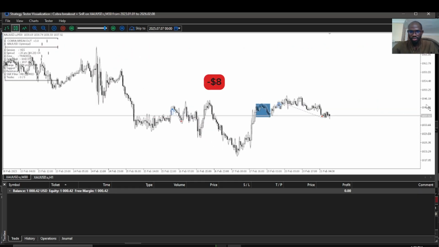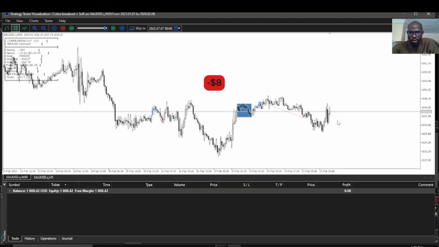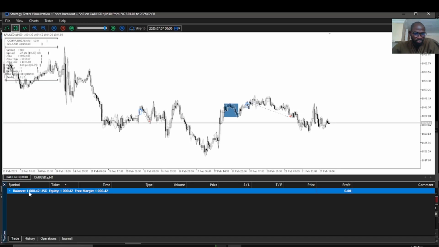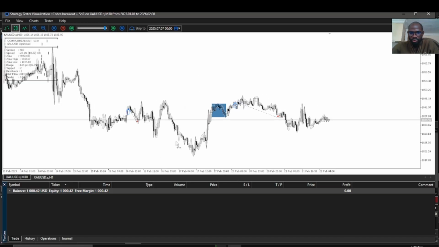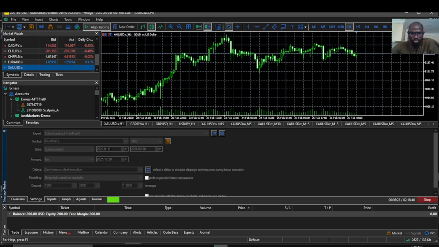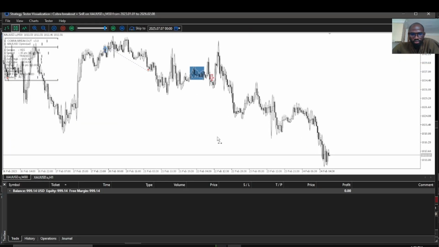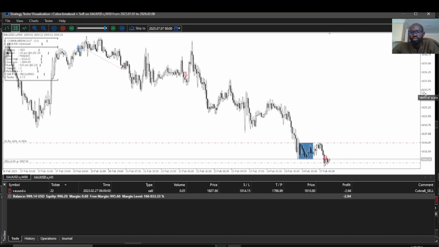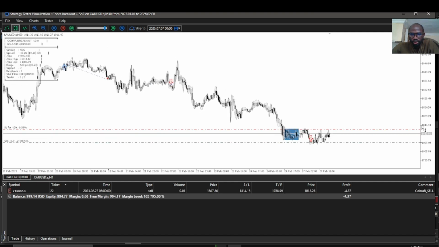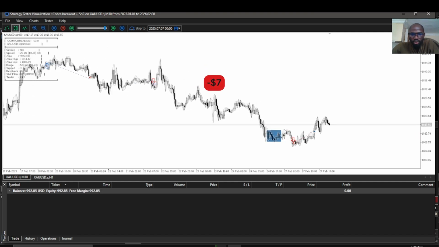Let's see how it ends. Okay, now the stop loss also. So we're about to break even right now. $1,000 balance. You can see that we're about to break even. Another loss.